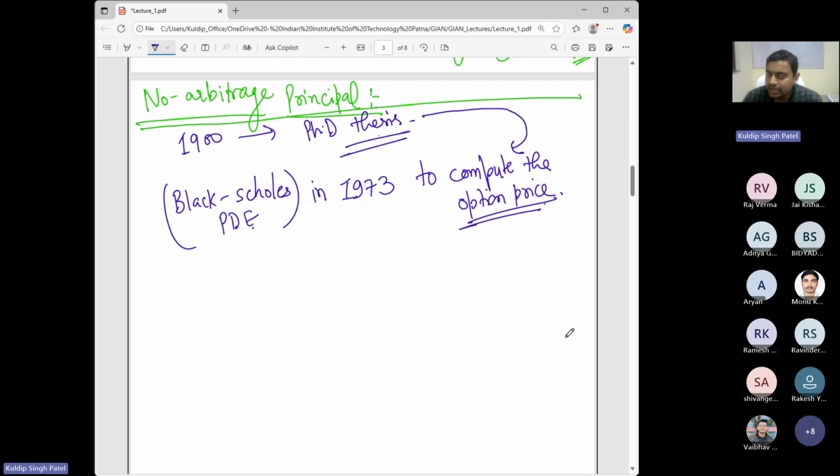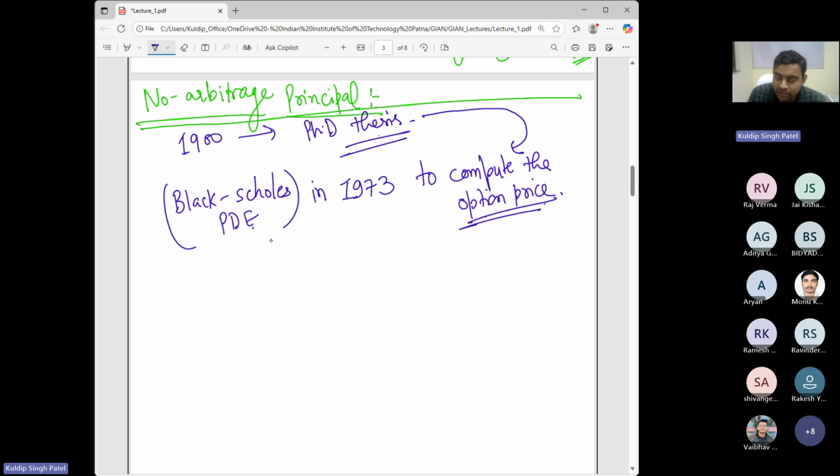The simple answer is that they derived this PDE with some assumptions, and those assumptions are not realistic. So people are trying to improve the model. Of course, the model is wonderful, but not perfect. So people are trying to improve it to compute the option price.